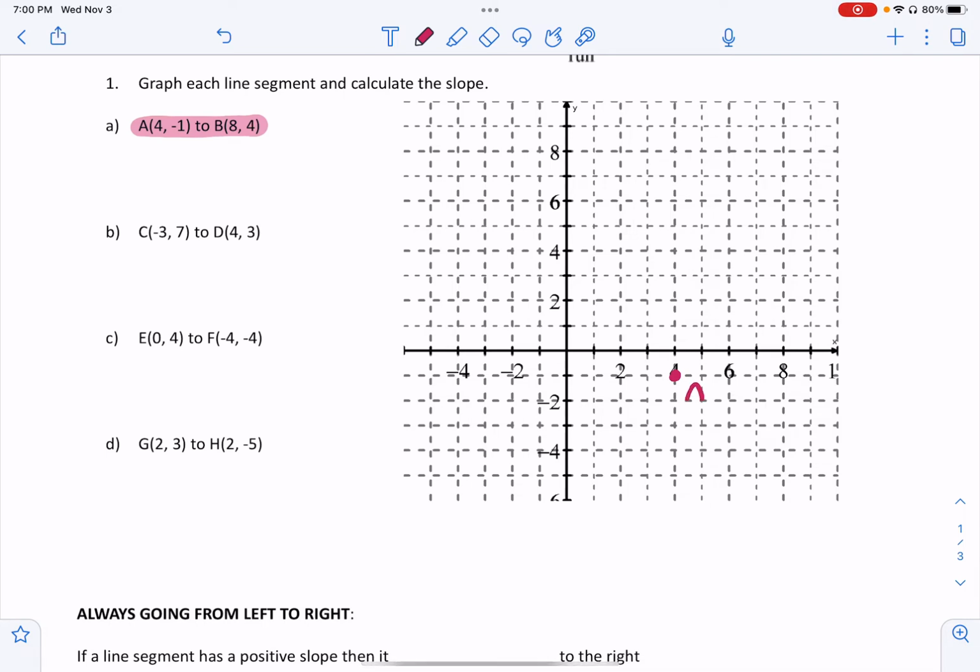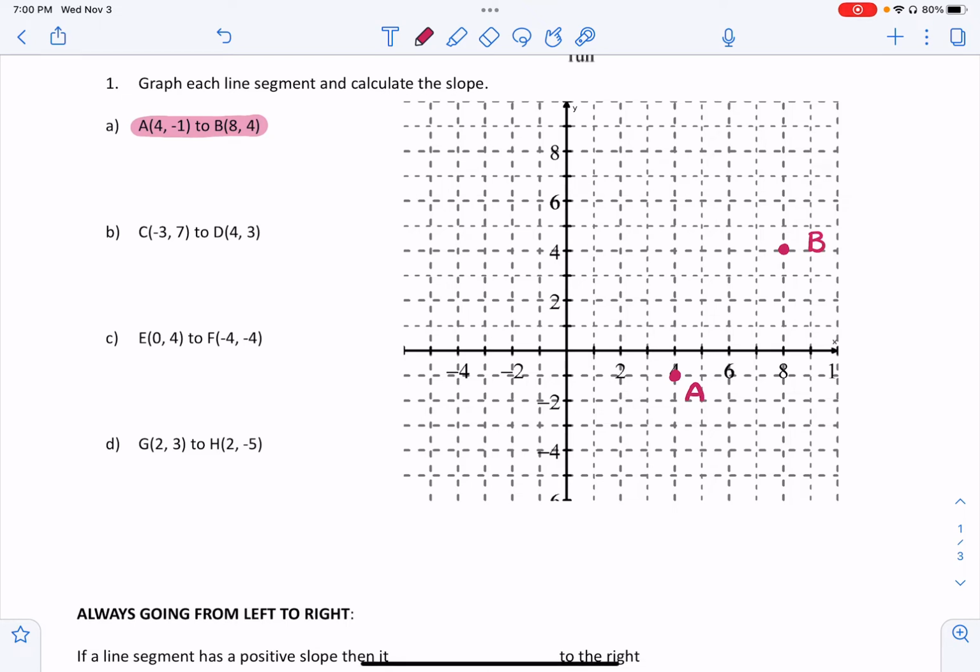And I'm going to label that with a nice A to remind myself that that is point A. And now I'll graph point B, 8, 4. So I'm going to find 8 on the x-axis, which is right here. And I'm going to go up 4. 1, 2, 3, 4. I should end up right here. And that's point B. I'm going to label it with a B.